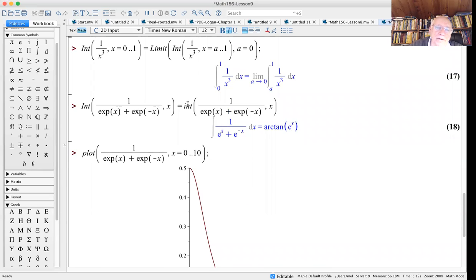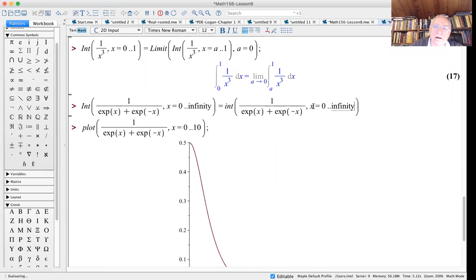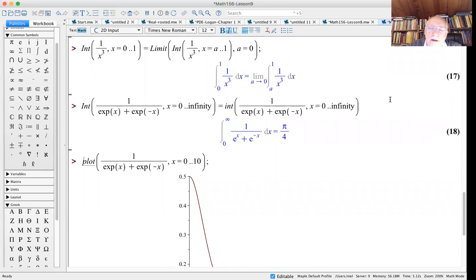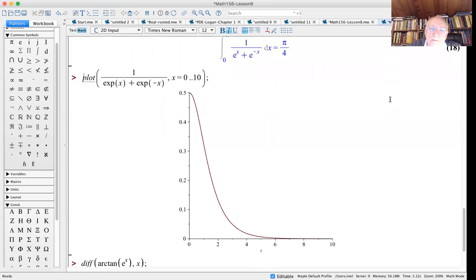Oh, sorry. This is the indefinite integral. I want to integrate this from 0 to infinity. It's pi over 4. Wow.